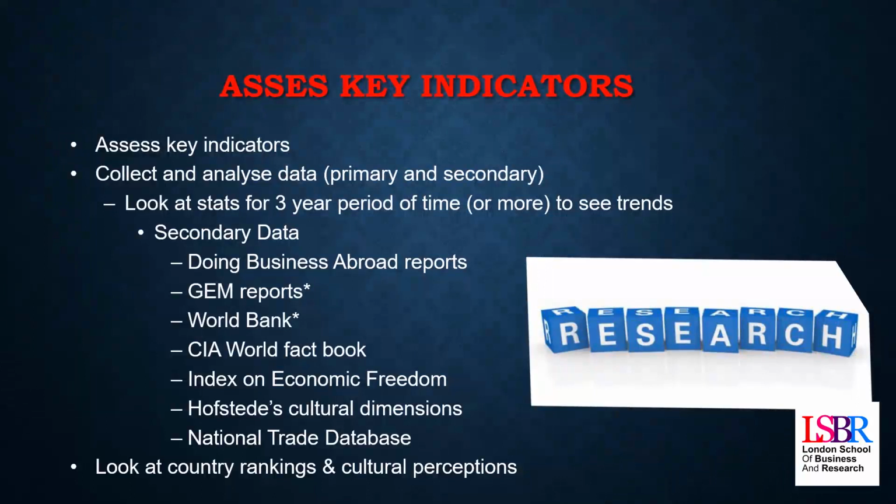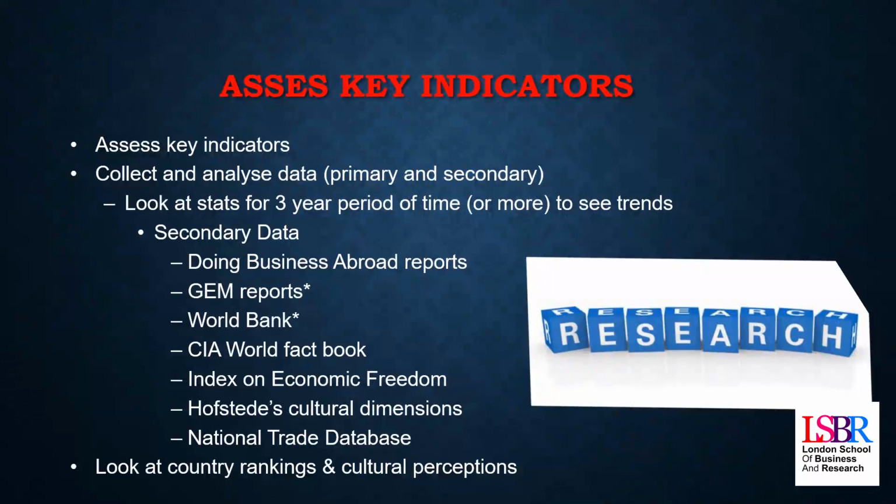The GEM reports look at the markets specifically. GEM reports are done, I think, by the World Trade Organization, sorry, WTO, and they provide information on growing and emerging markets. That's useful if you're looking to invest in the developing economies.